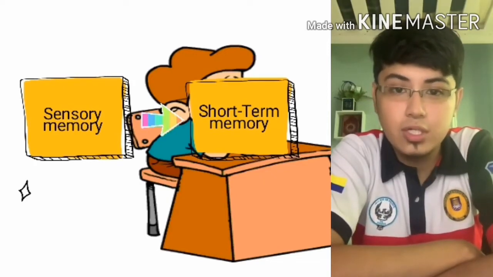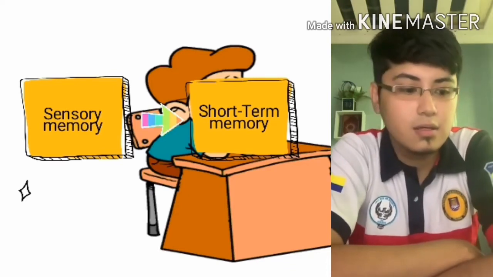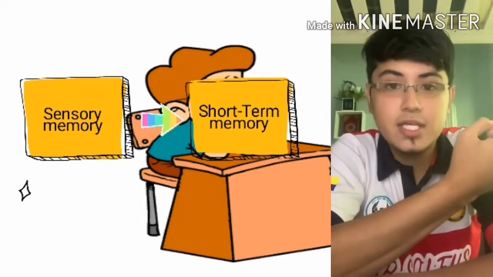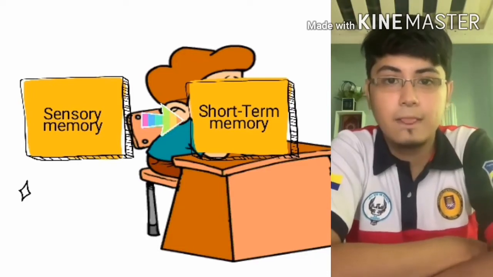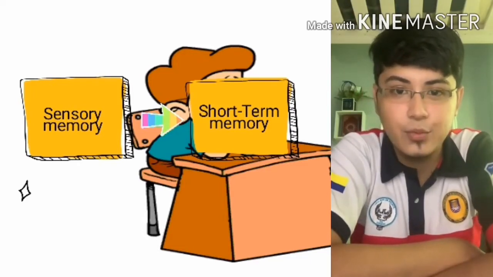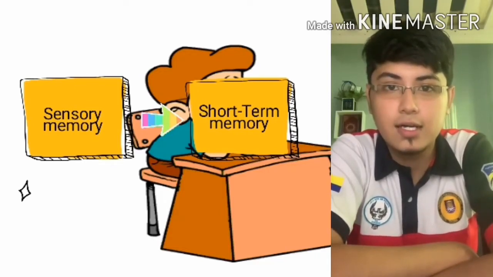We taste sugar, and sugar is sweet. We grab sand, and we know the texture of sand. We know the texture of soil. That is included in sensory memory. After that, Ashrafatullah will explain in more detail.